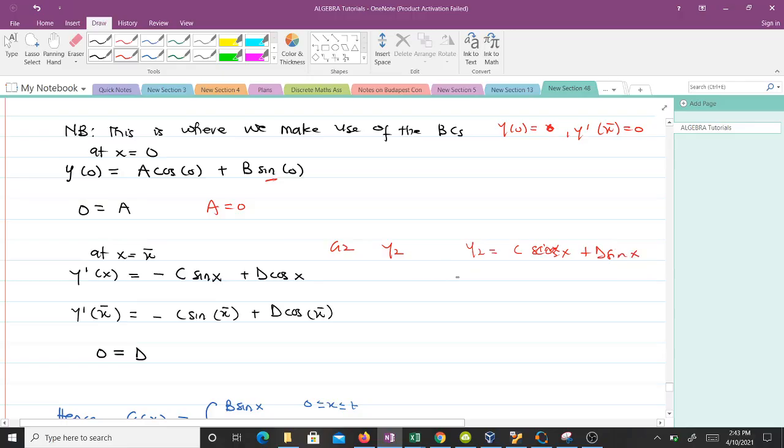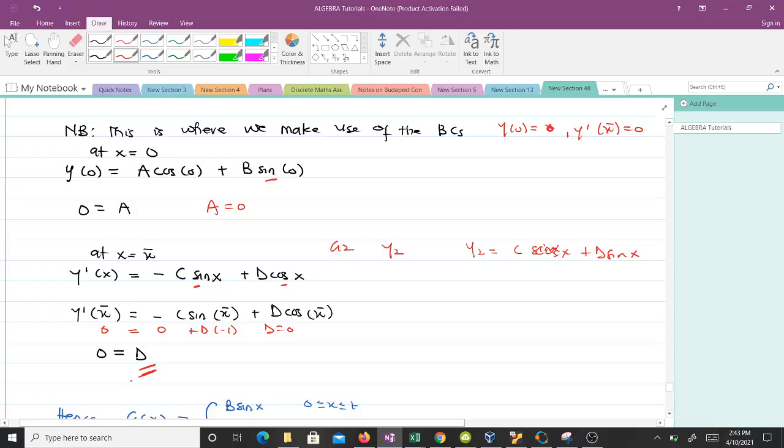When we differentiate it, we get y prime of x equals negative c sine x plus d cos x. Then at x equals pi, y prime of pi equals negative c sine pi plus d cos pi. From the question this is 0. Sine pi gives 0, and cos pi is minus 1, so this is the same as d equals 0.